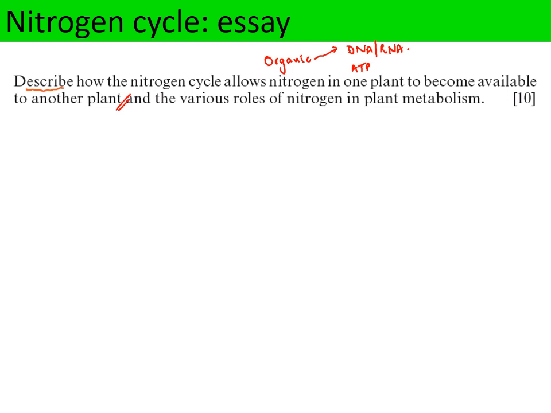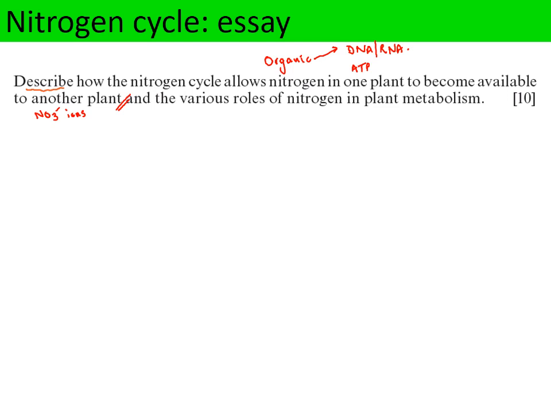So how is that made available to another plant? Well, we know plants predominantly take up nitrogen as nitrate ions, NO3-. So we need to start to think about what happens to a plant, the organic nitrogen, and how is that made available to another plant in the form of nitrate ions.